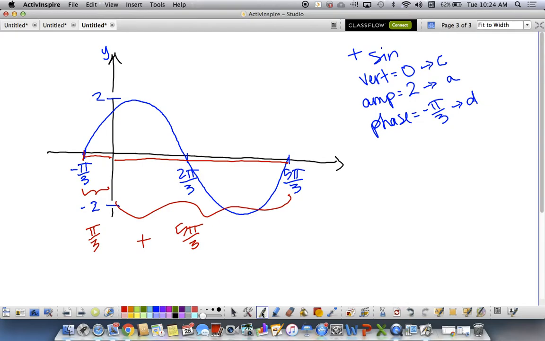Why? Because the phase shift was positive. You want this distance, 5 pi over 3 minus, you're always going to subtract. But the issue is, it's negative, negative pi over 3. Therefore, you add the opposite. Oh, so if it's negative, you add it to positive, you subtract. That's what I was trying to do.